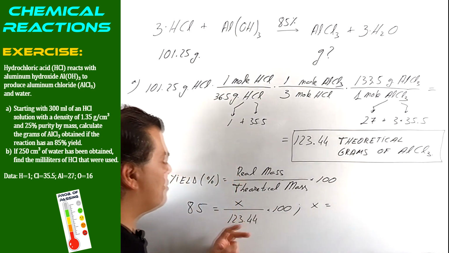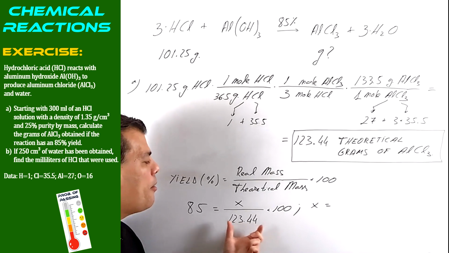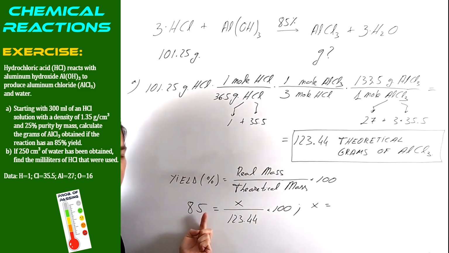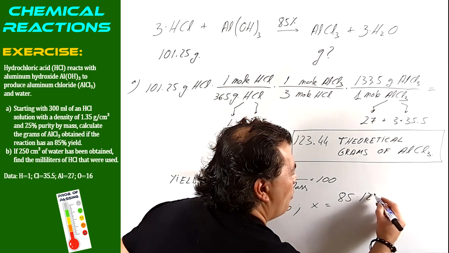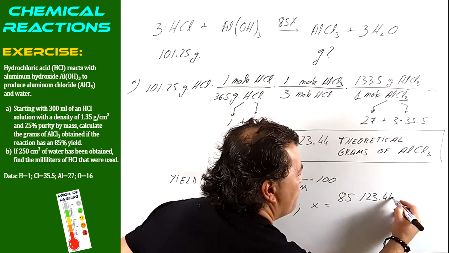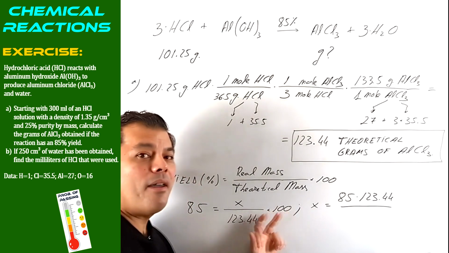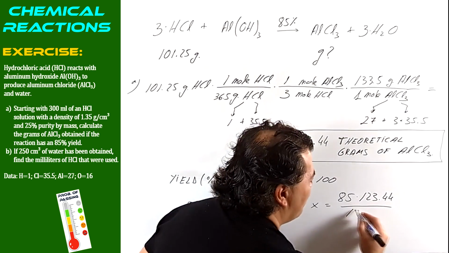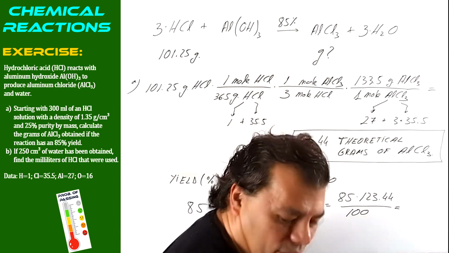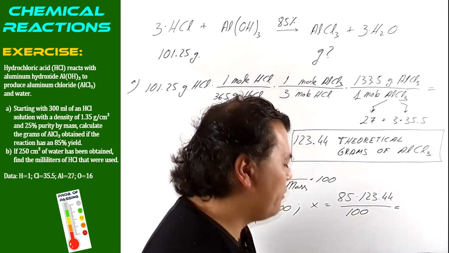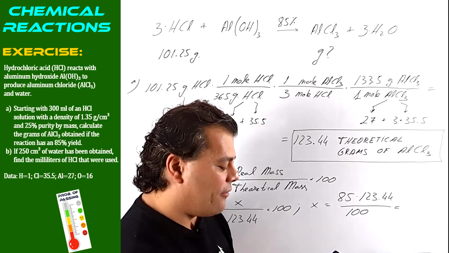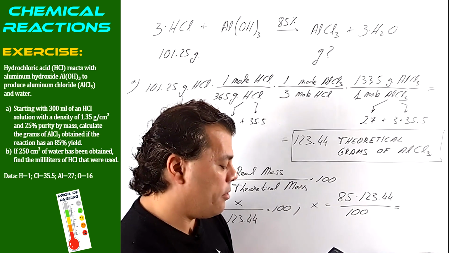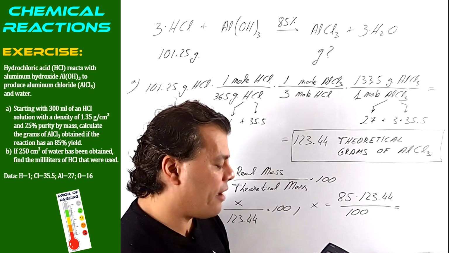X equals 85 multiplying 123.44, divided by 100. And let's use our calculator to know the real mass of aluminum chloride that we are going to obtain. 85 multiplying 123.44 divided by 100.